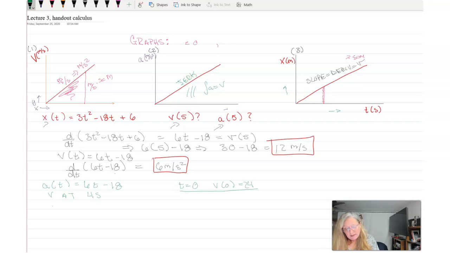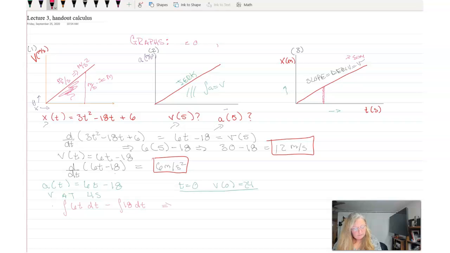So I have a of t. The integral of 6t dt minus the integral of 18 dt. So that's going to give me, I need to increase the exponent.